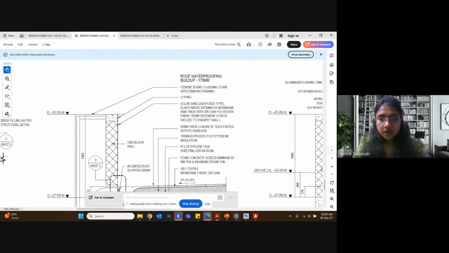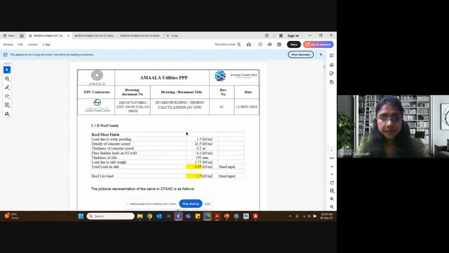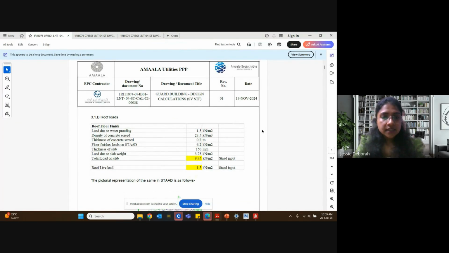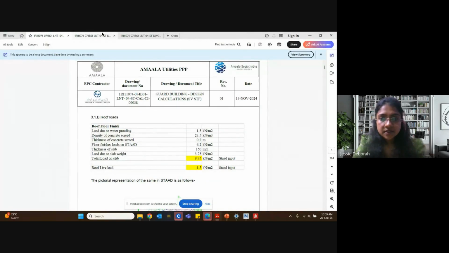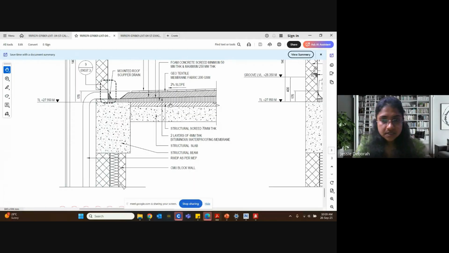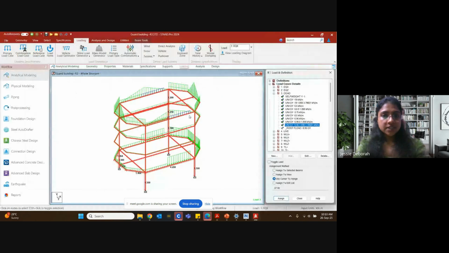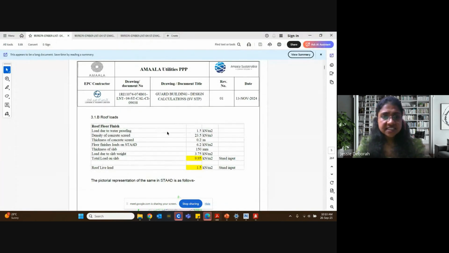That is what is considered here. Okay, load due to your waterproofing. Then density of concrete screed. Concrete screed is this. All of this comes on what? It is coming on your roof slab. This slab is going to, so the loads are all going to come on your roof beam. So that is what you are considering here.